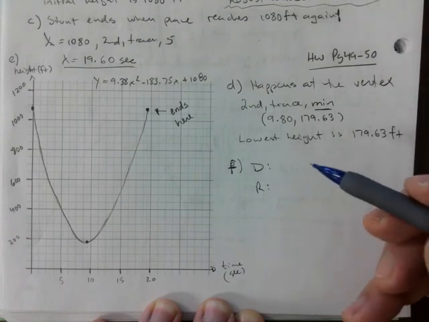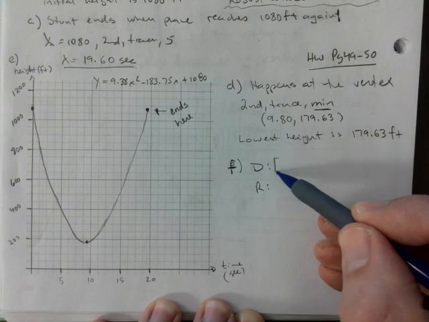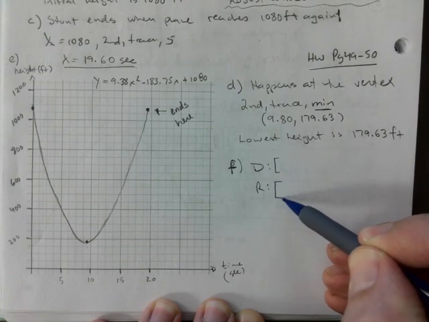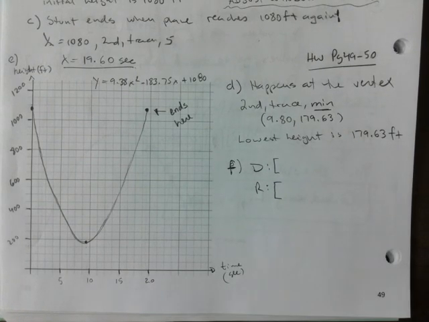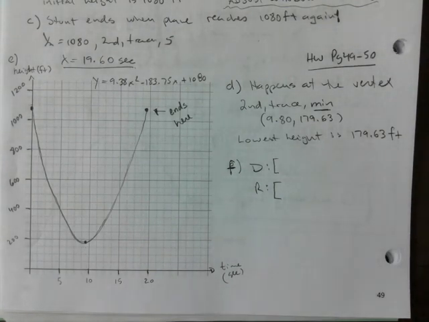But if you didn't, this is your chance. What would you write down for your domain and range? It shouldn't take you longer with the information I already gave you. It shouldn't take you longer than 2 minutes to come up with that. It would probably, I would say, half a minute for each. What would you write down? Go ahead and just write it down. Take the risk. And then if you get it wrong, that's not a big deal. We'll correct it.